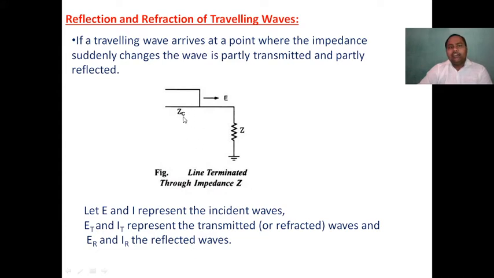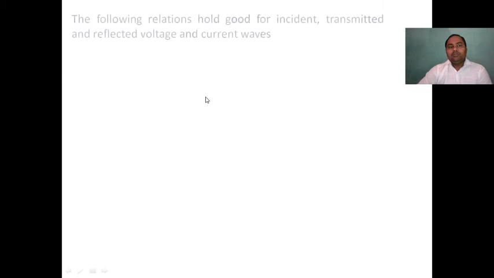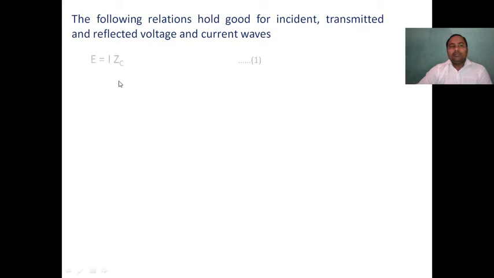This is a line having characteristic impedance ZC, incident voltage, and a line terminated with impedance Z. The following relations hold good for incident, transmitted and reflected voltage and current waves. E is equal to I into ZC.